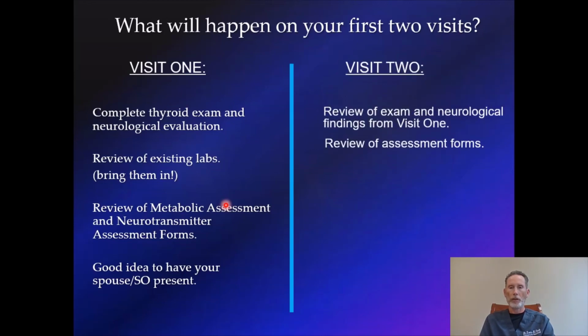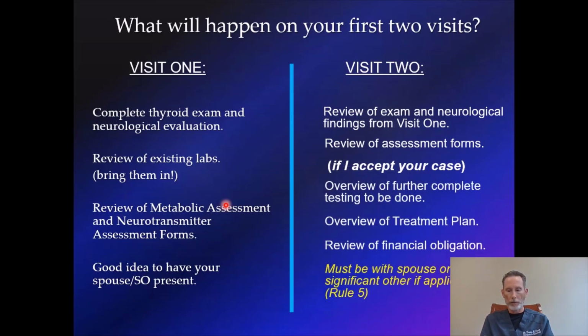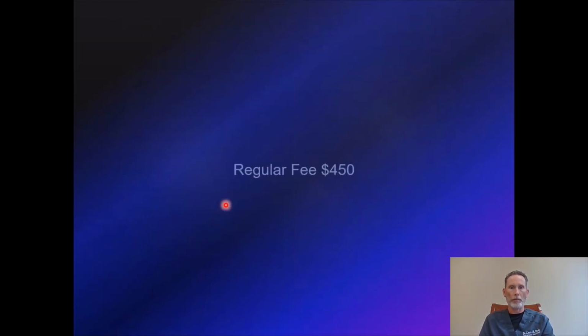Visit two, we're going to review the exam findings, neurologic findings, assessment form findings, go over blood work, and if we accept your case, we're going to give you the treatment recommendations, what the financial obligations and investments are, and certainly you want, if you're in the office or virtual, to have your spouse available for that report as well.